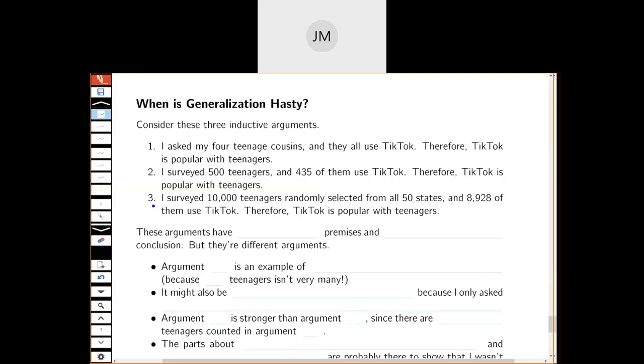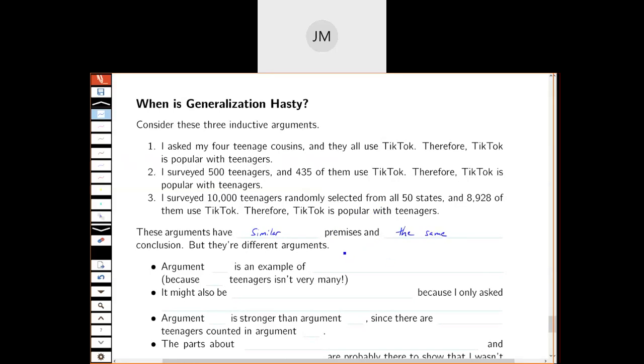Our last argument. I surveyed 10,000 teenagers, randomly selected from all 50 states, and 8,928 of them use TikTok. Therefore, I conclude TikTok is popular with teenagers. Okay, these arguments all have similar premises and the exact same conclusion.